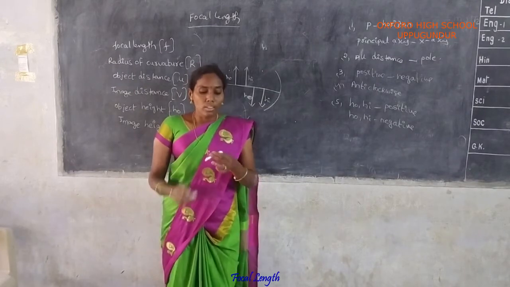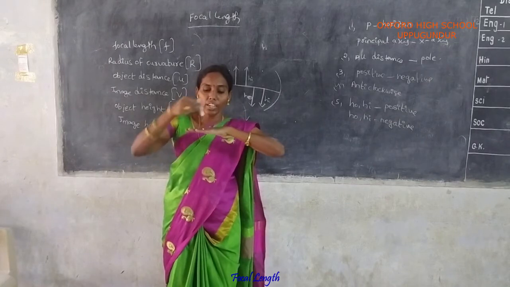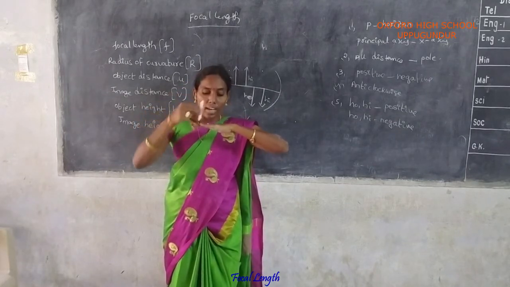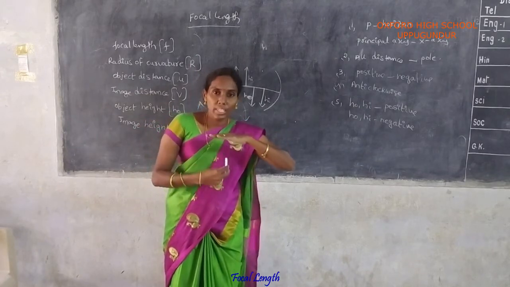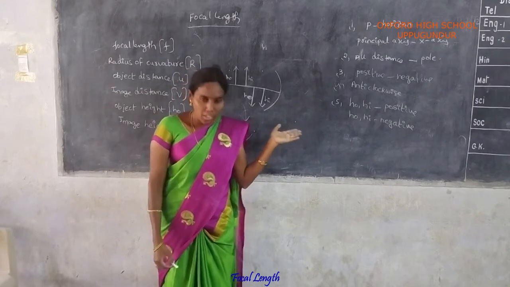And next, this is the principal axis. Height of the object and height of the image above the principal axis should be taken as positive, and below the principal axis as negative. These are the sign conventions for a given mirror.